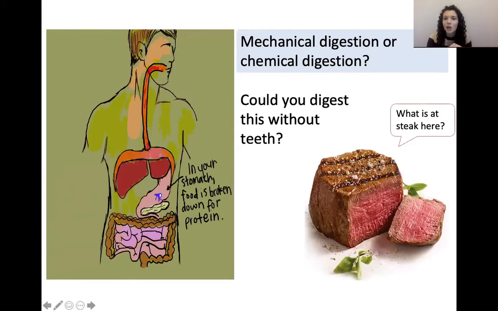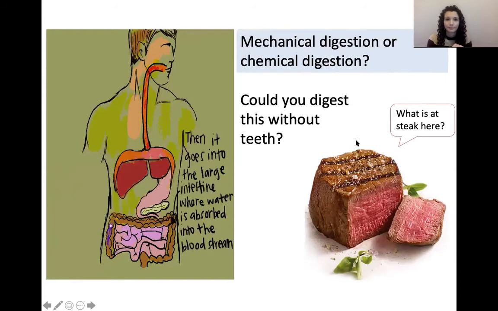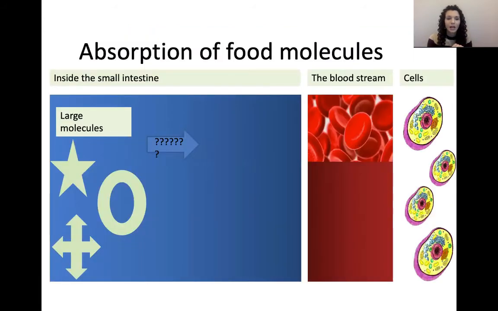All right. But we also carry out what we call chemical digestion, and that uses enzymes to break down the molecules in our food. So what we have are large molecules. Now, all of these large molecules look different, all right? So carbohydrates look different to proteins, and they look different to lipids or fats.